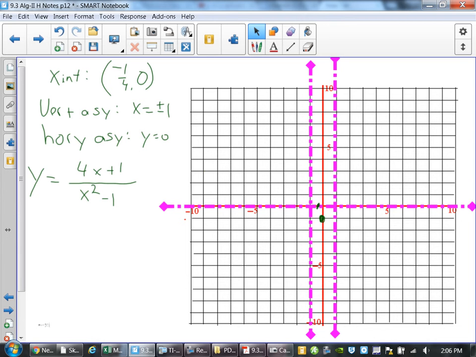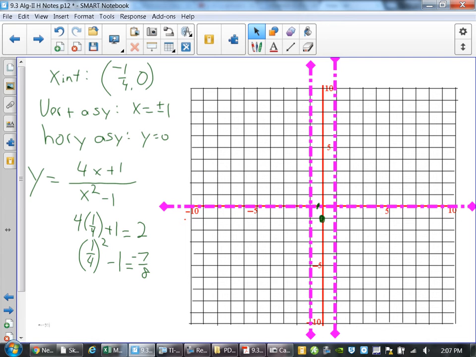Now, if you want to go further with that and go to a little bit more of a positive number, use 1/4, because it's a quick, easy one to work with as a fraction. 4 times a 4th plus 1 is 2. 1/4 squared is 1/16, so 1/8 minus 1 is negative 7/8.